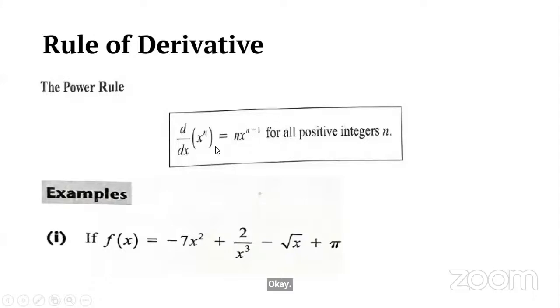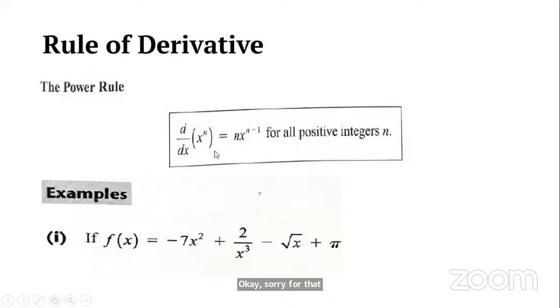Can you see here where my cursor is? The moment you have S to the power n, how do we get the derivative of the function? Please mute your mic. Okay, sorry for that.